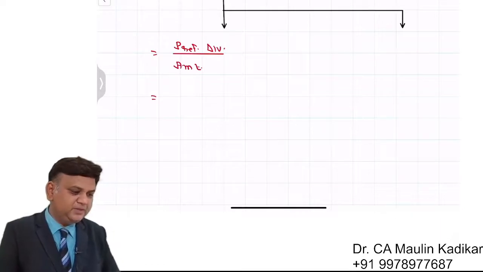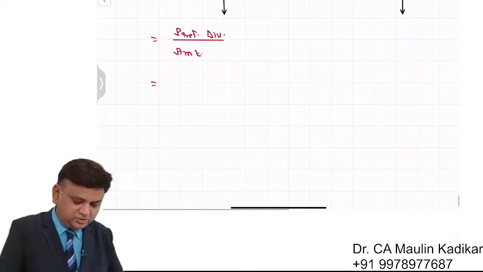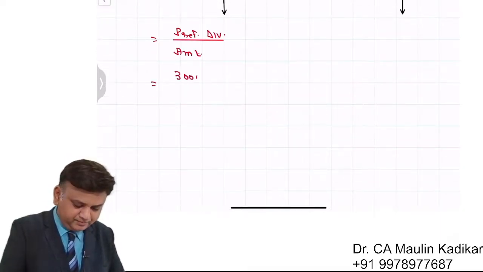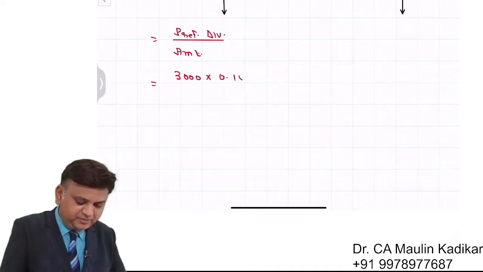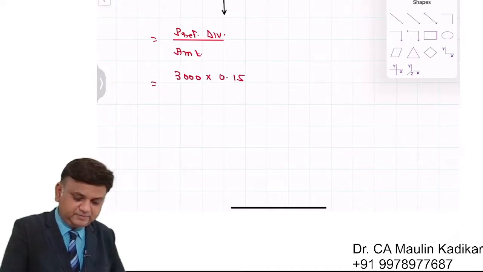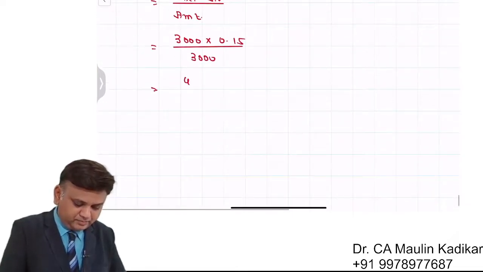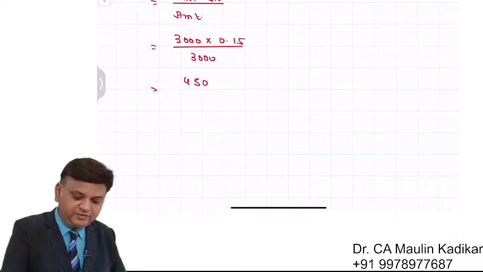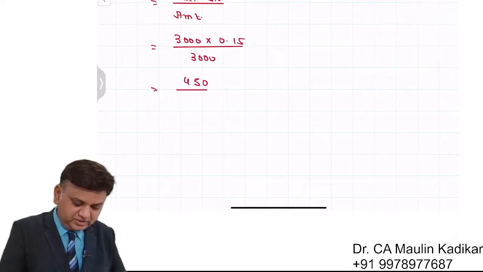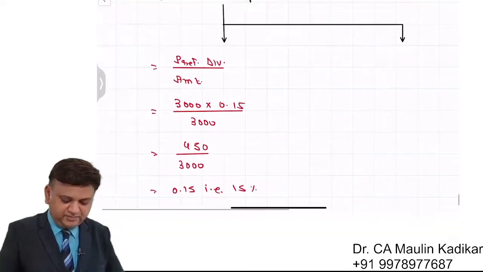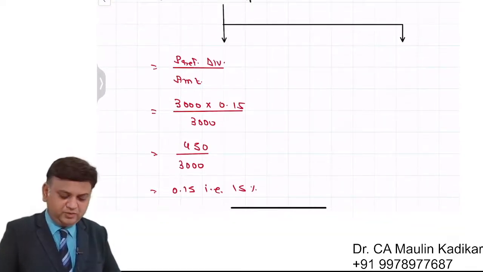Amount of the preference share capital is given as 3000. Rate of preference dividend is 15%, divided by 3000. So it is 450 divided by 3000. So 0.15, that is 15%. This is the way you can do it.